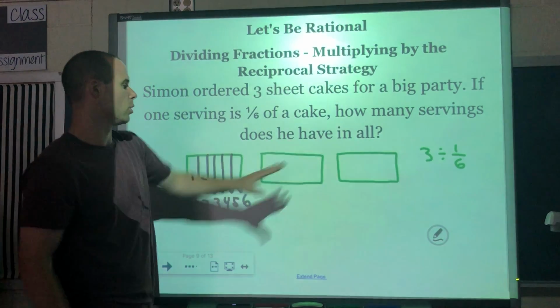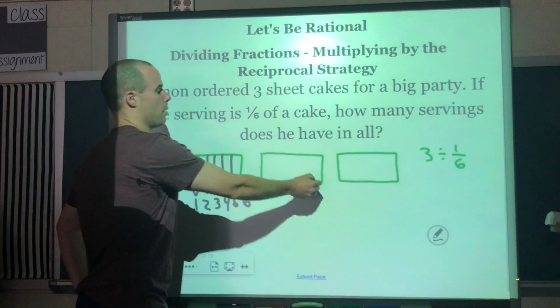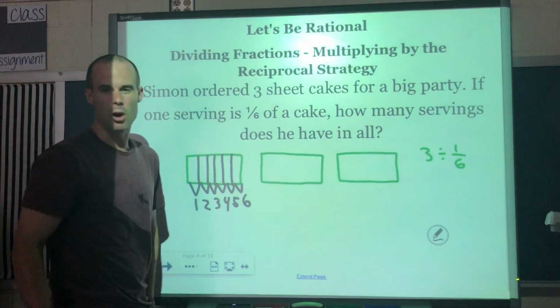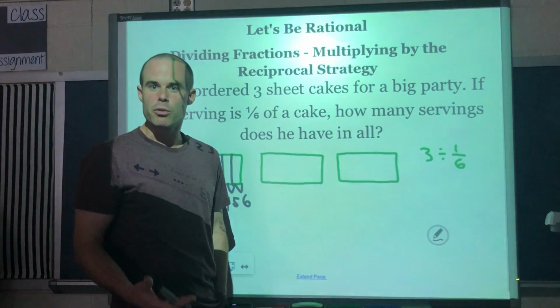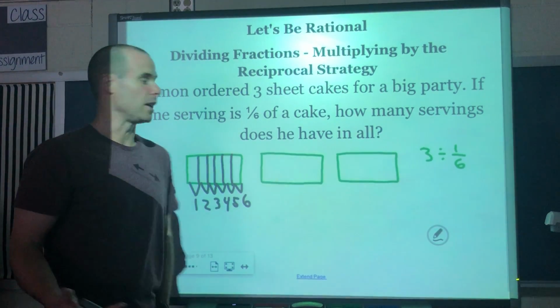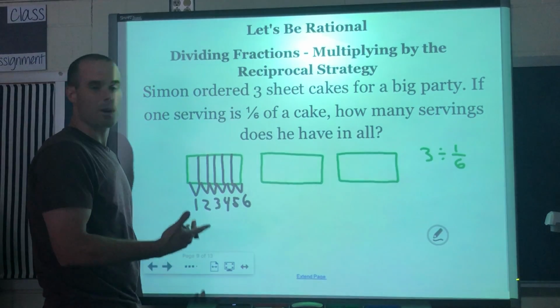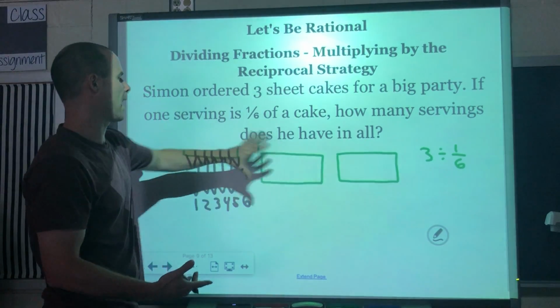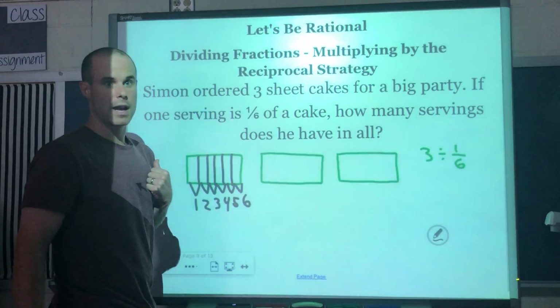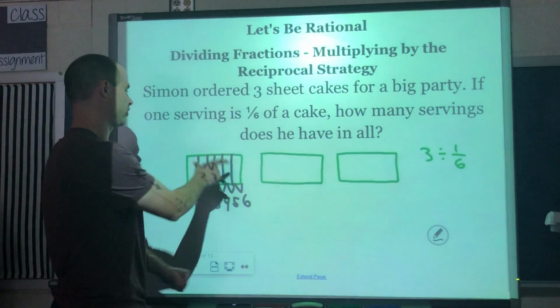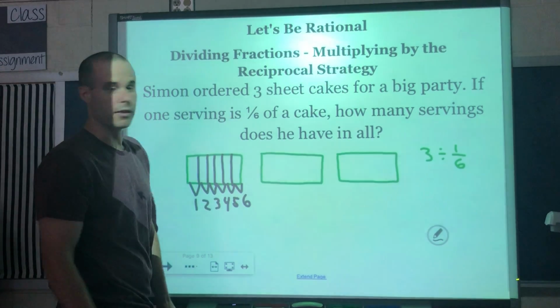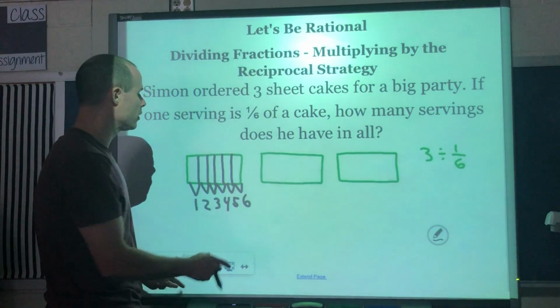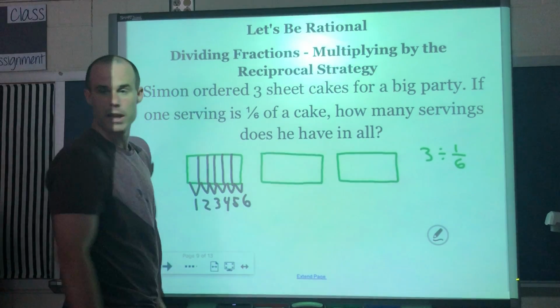Now, I could continue and cut my other cakes into 6 as well, but in math, we always want to be as efficient as we can be. So another way to think about this: if I know that I have the same size cakes here, and I know that there's 6 groups of 1/6 in every cake, I really know that there's going to be 6 servings in every cake.